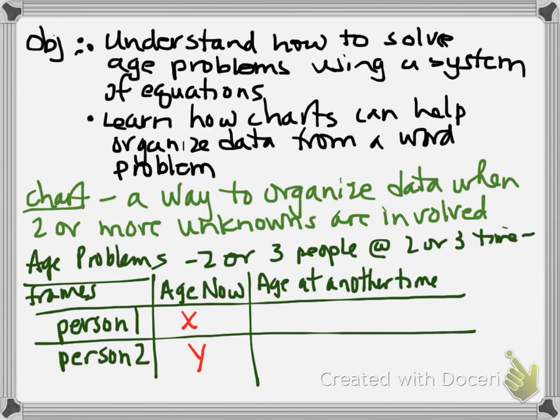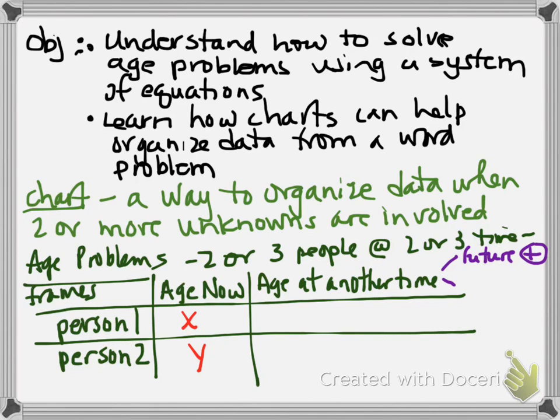The other times we're talking about could be the future. If I'm asking you what somebody's age is going to be in the future, if you know their age now, what are you going to do with the amount of years they tell you you're going to go in the future? Trent? You're going to add. So you're going to see adding going on when you're talking about future ages.